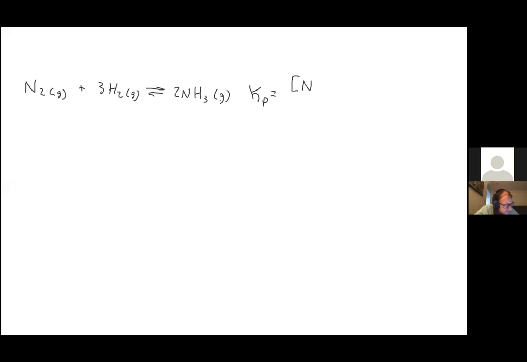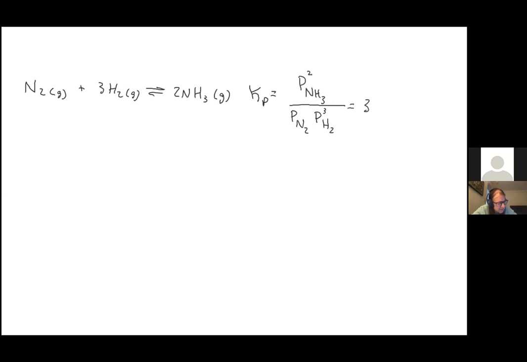You take the product, oops, sorry, we're doing Kp. So you take the pressure of ammonia and you square it, right? Products over reactants, pressure of nitrogen, pressure of hydrogen, cubed, right? And then they give us this value.